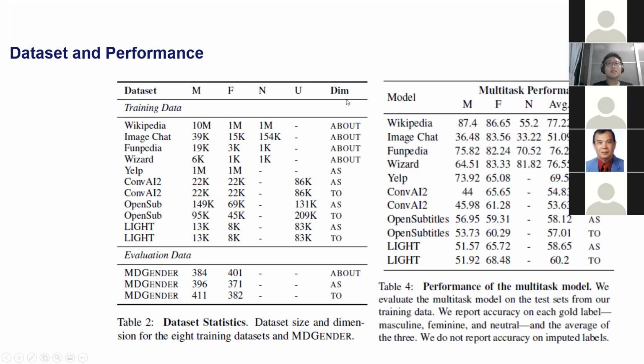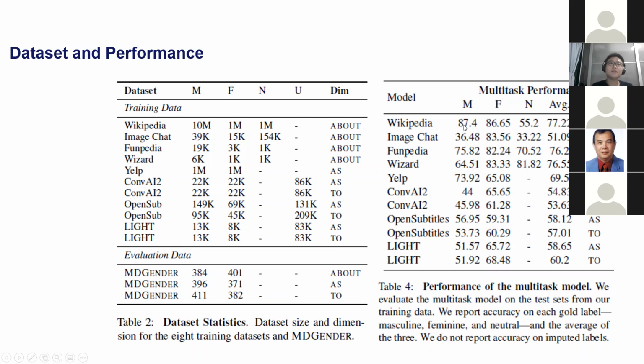So here's the performance of the multitask classifier on the various data sets. For Wikipedia, you see that it performs rather well on the about dimension.